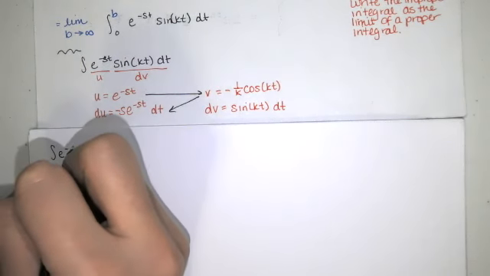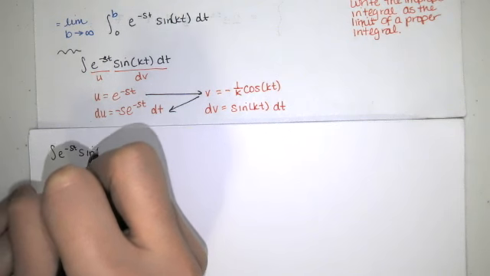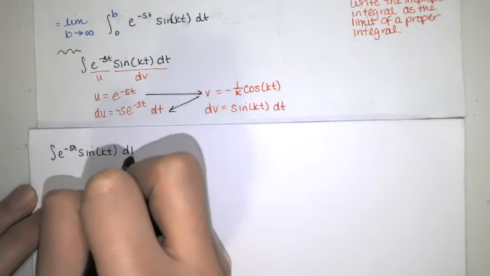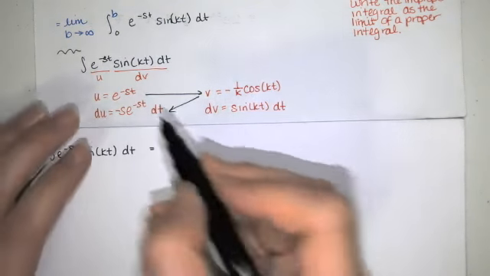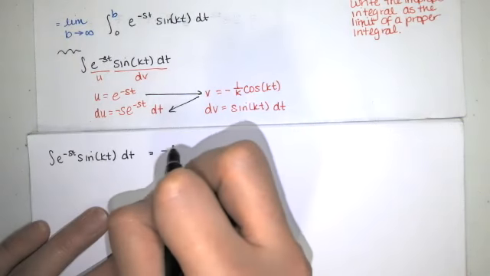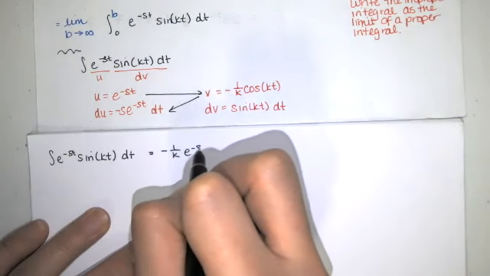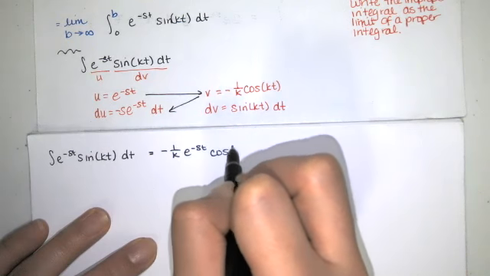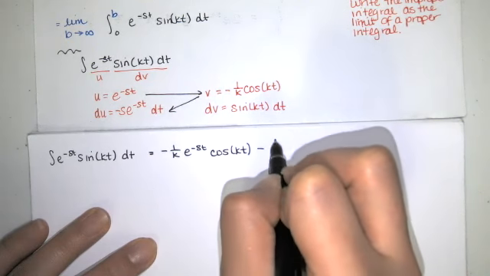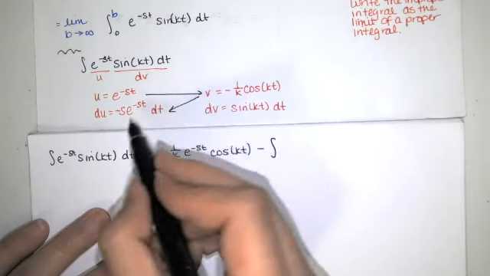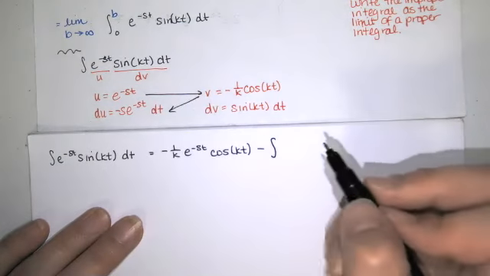So I have this exponential times sine of kt. The integral of that turns out to be u times v minus the integral of v du. That's a negative times a negative, so that's going to be a positive.